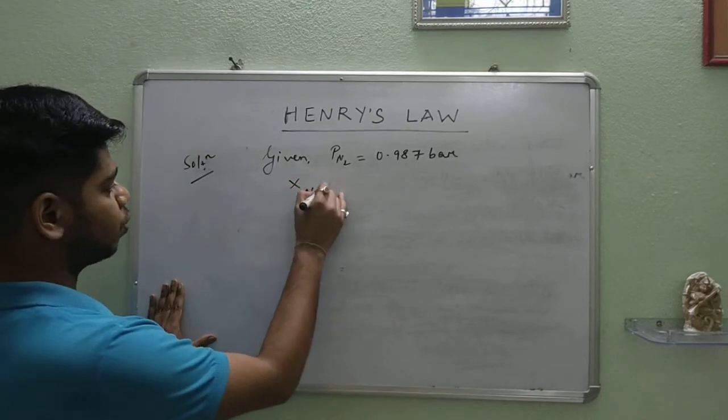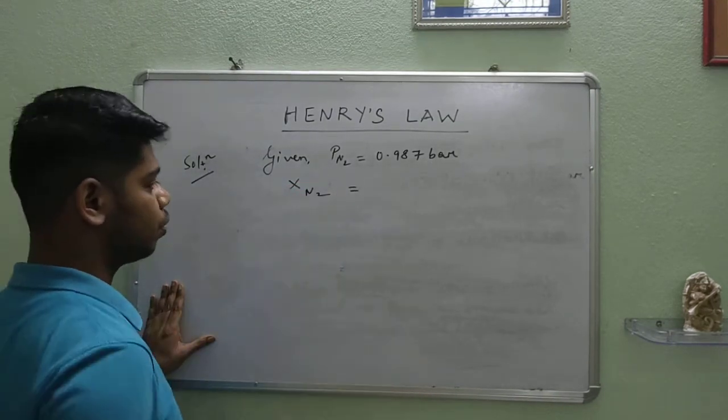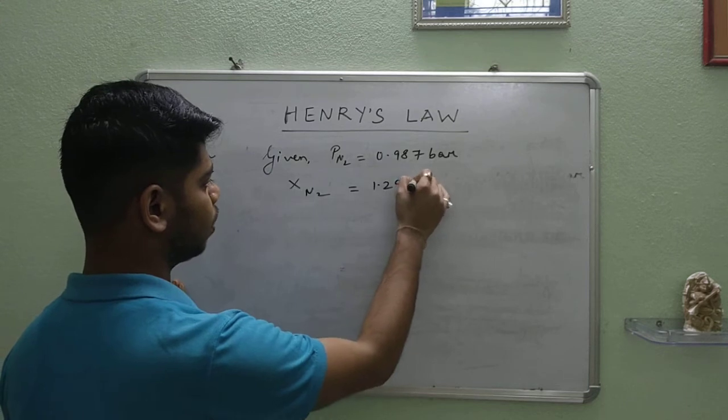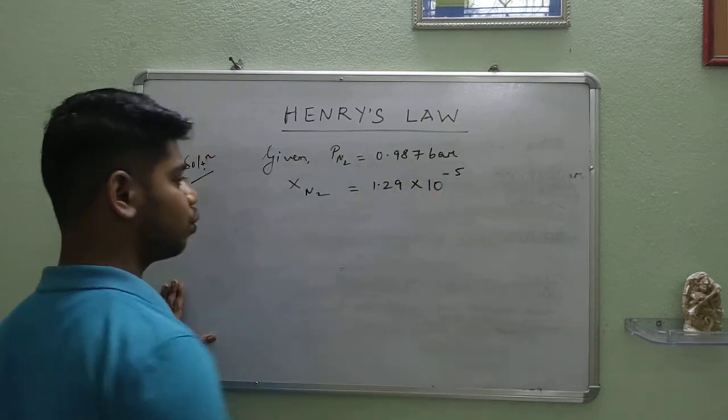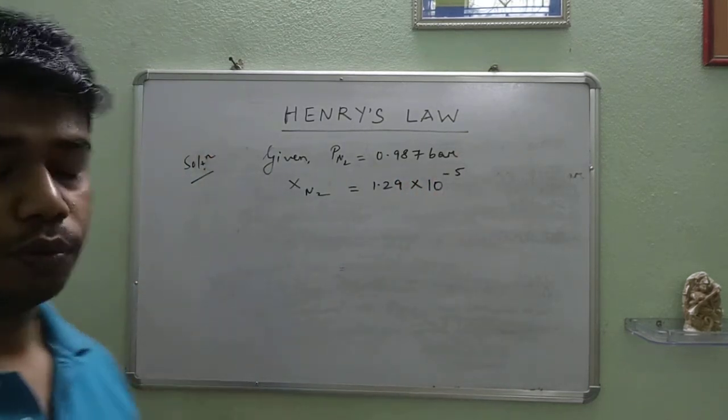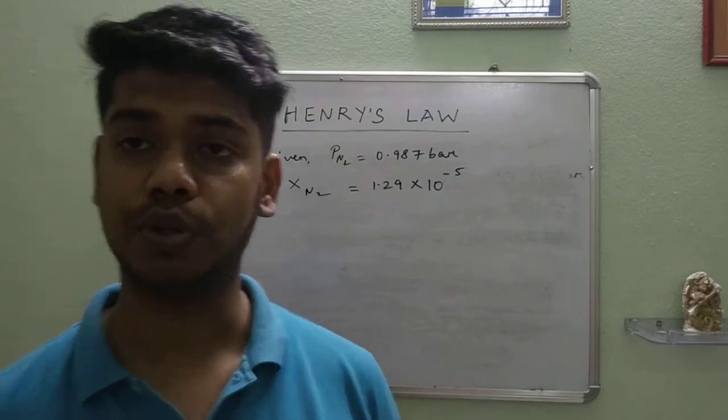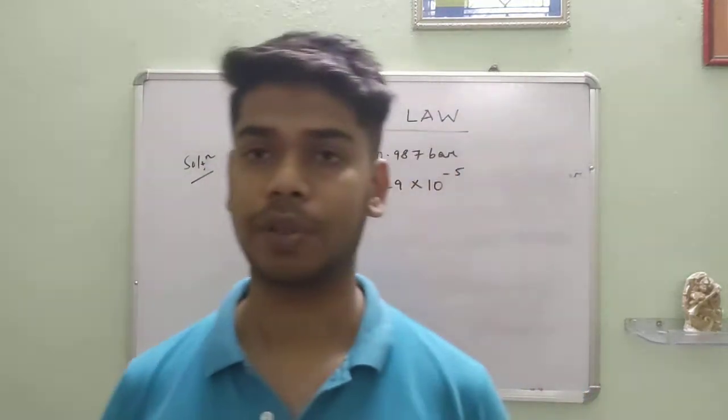We have found that the mole fraction of nitrogen was 1.29 multiplied by 10 to the power minus 5.